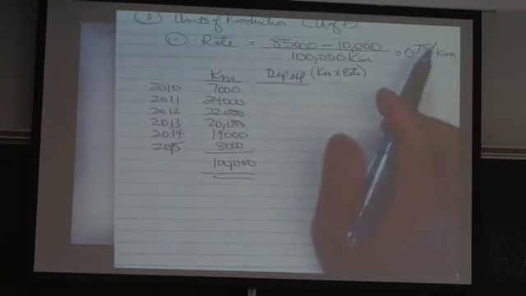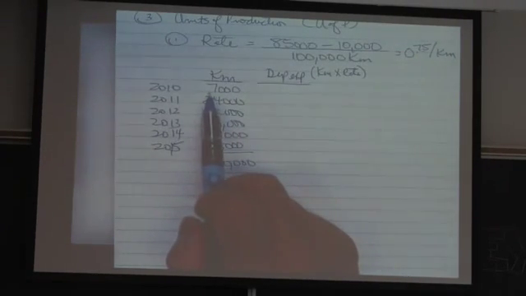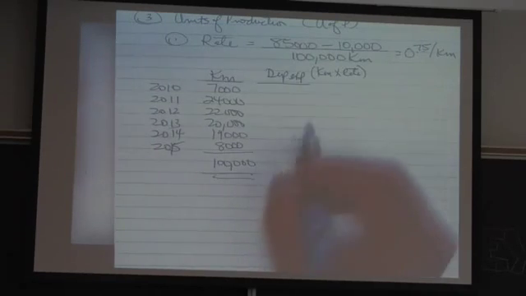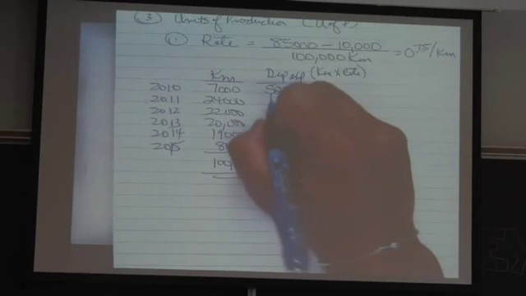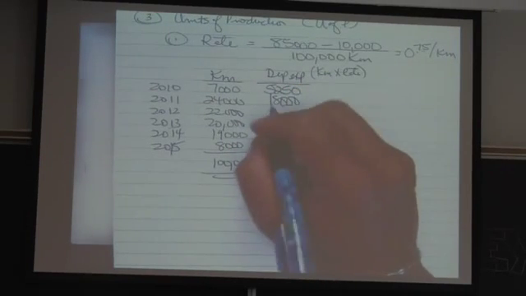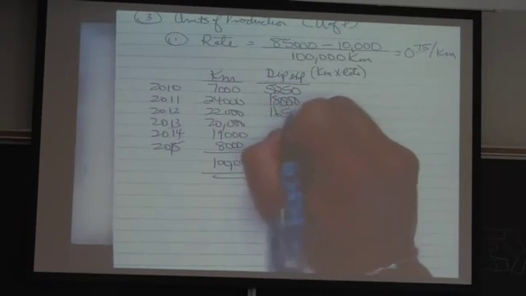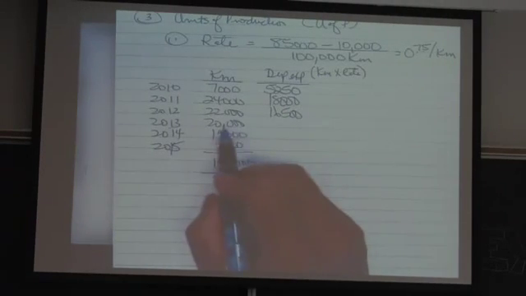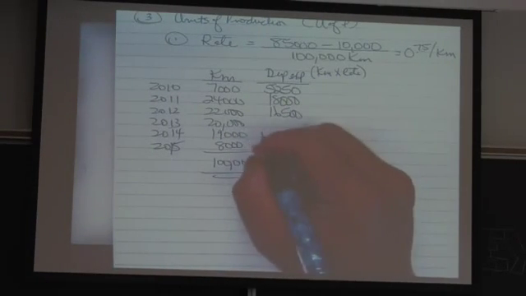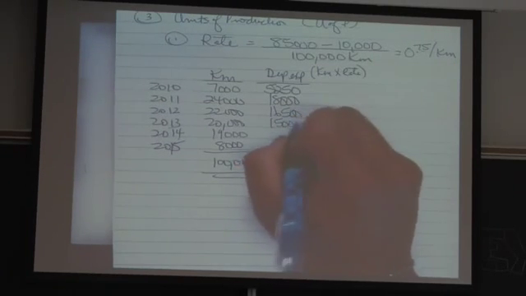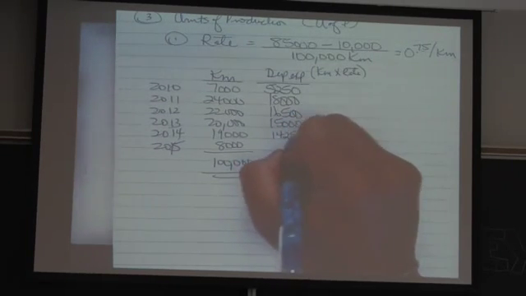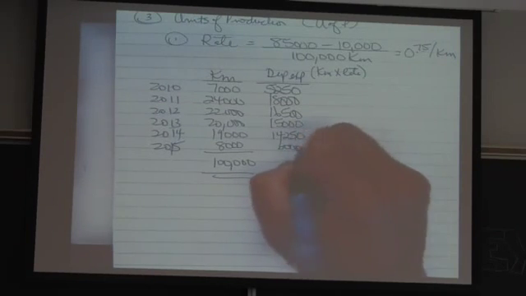In this case, it's 75 cents times 7,000, which gives us 5,250. You do it exactly the same way for the rest: 20,000 times 0.75 is 15,000, then 14,250, and 6,000.